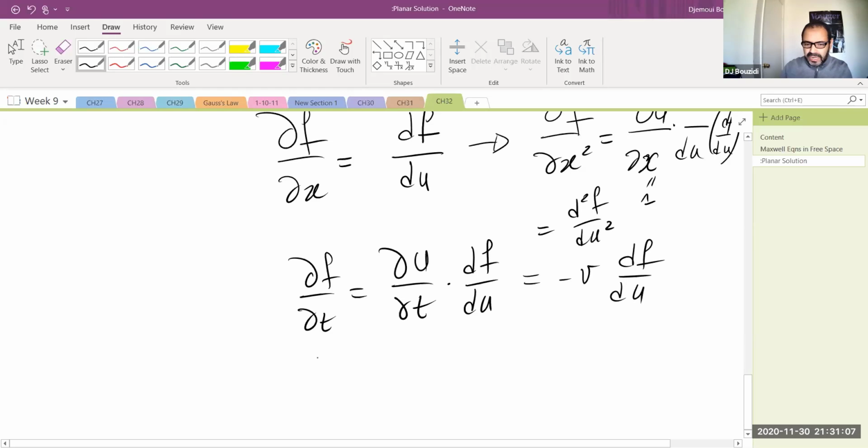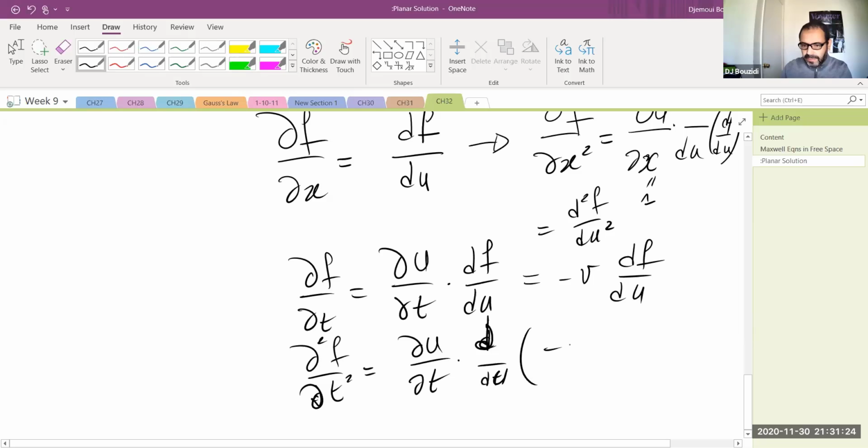The last step is to take the second derivative of f with respect to t, and that's going to bring in another du with respect to t times the derivative with respect to u of minus v df with respect to u, okay?